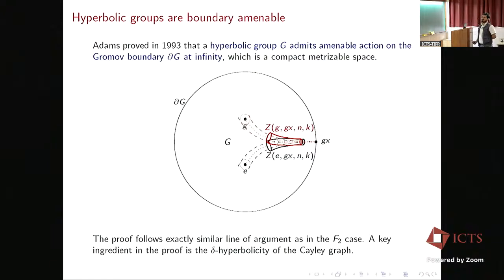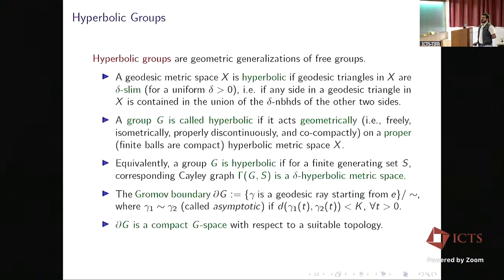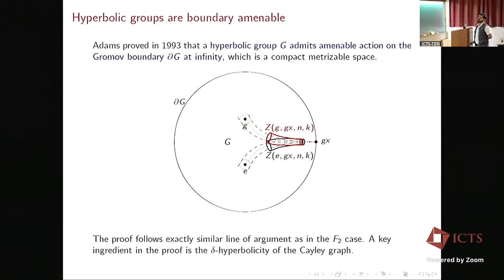In this case, we do not have a unique geodesic going to the point in the boundary starting from identity. We have many geodesic rays under this definition. So any given point in the boundary would correspond to several geodesic rays. So in this case, the choice of the set that we are going to assign a probability measure to is a little more complicated. So how do we charge this?